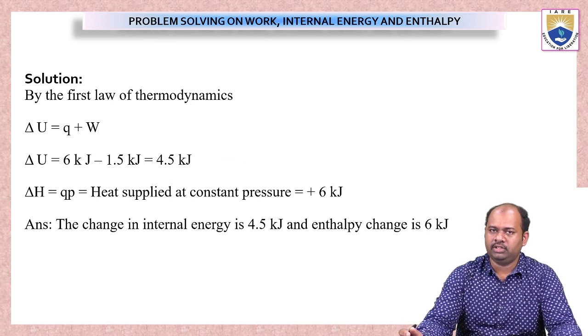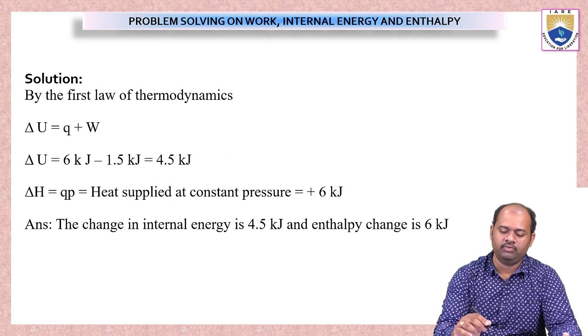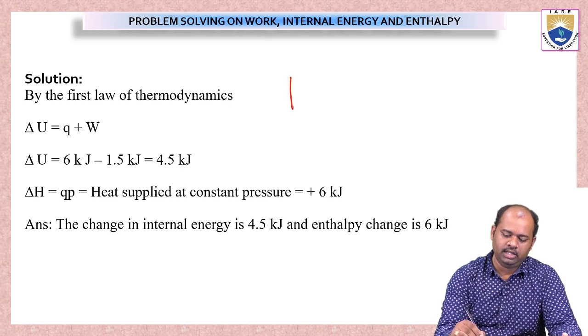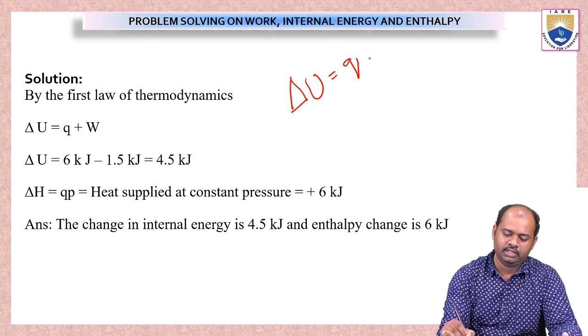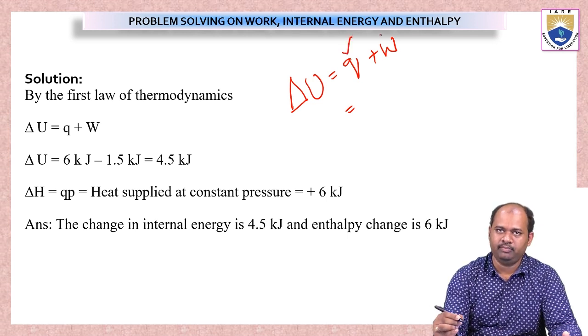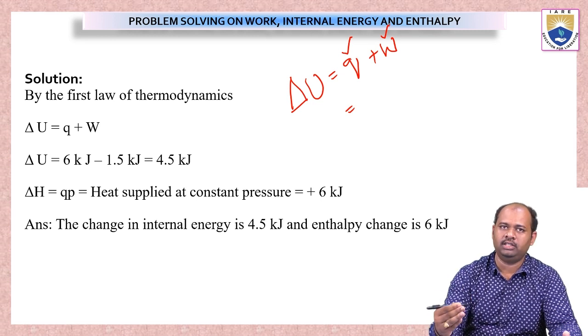By using the first law of thermodynamics, we have this equation, that is delta U is equal to Q plus W, whereas delta U stands for the change in internal energy, Q is the heat added or removed to the system, and W is the work done by the system or work done on the system.